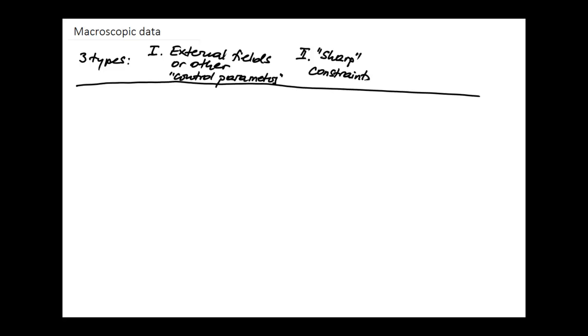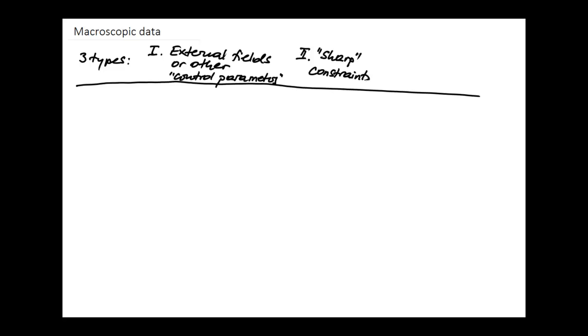But it's different from the scenario where you have a system that can exchange heat, say with the environment, and you are given the average energy or the expectation value of the energy of the system, but it cannot possibly be a sharp value because the system exchanges energy with the outside.